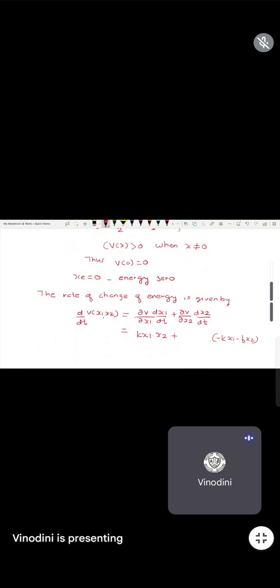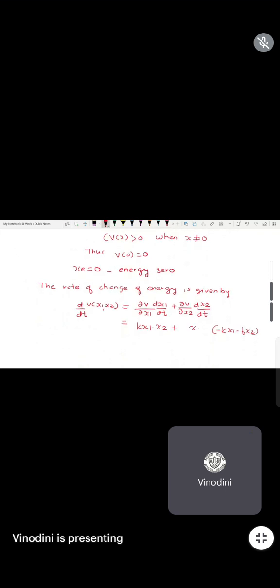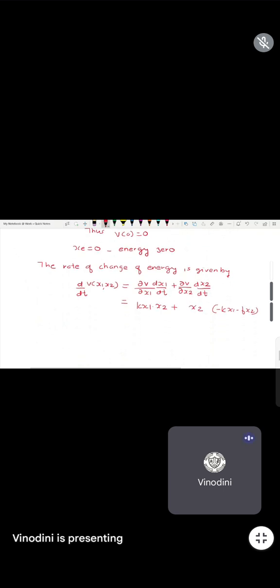What is partial v by partial x2? It is x2. Now solve this. What is remaining? Minus x2 into x2 because it is going to multiply over here, minus f x2 square.